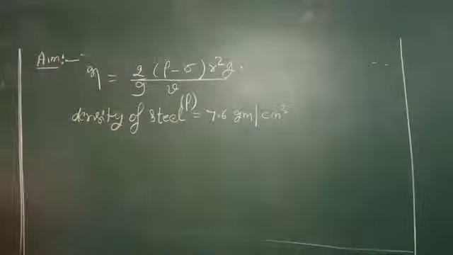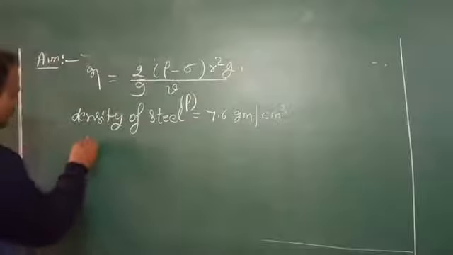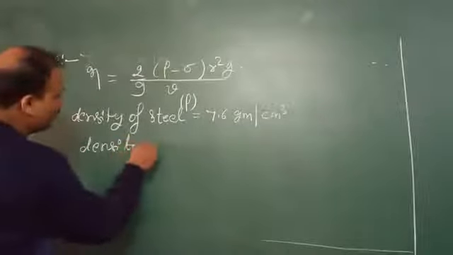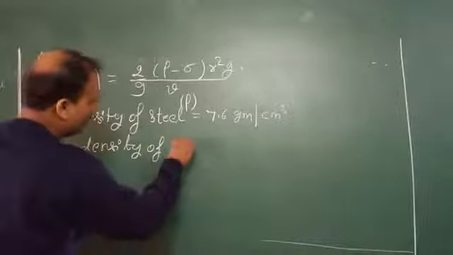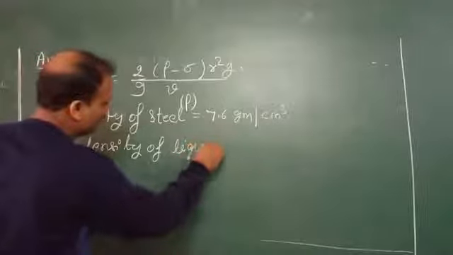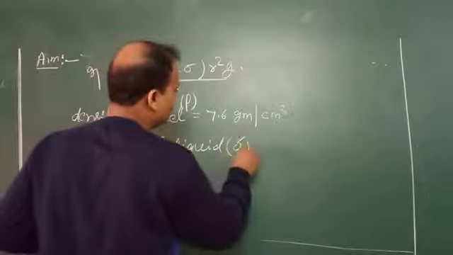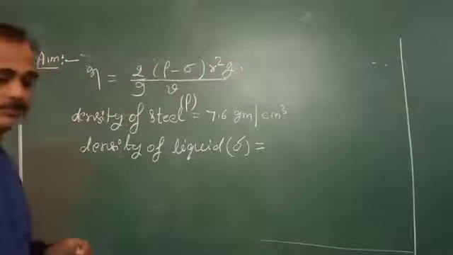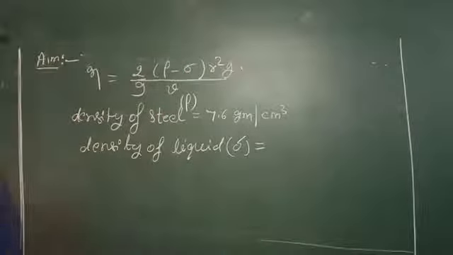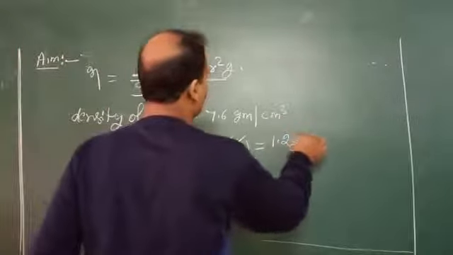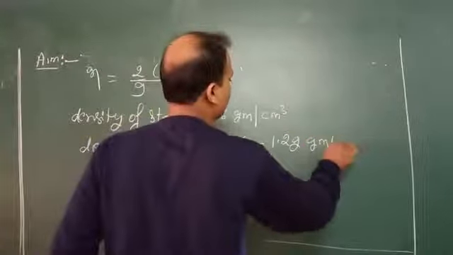And the density of the liquid, sigma, is 1.26 gram per centimeter cube.